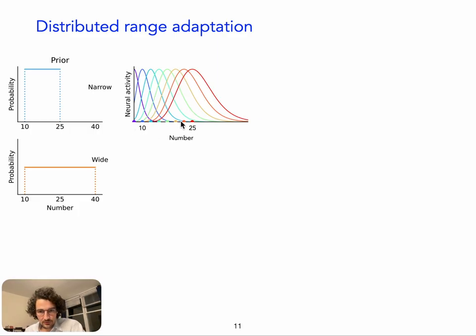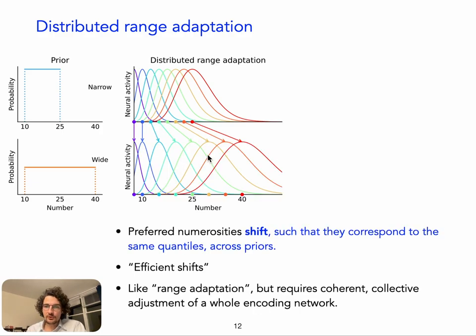And so here their preferred stimuli cover the range of the narrow prior. And the hypothesis of distributed range adaptation is that these preferred stimuli of this neural population will shift when going from the narrow prior to the wide prior, but they will shift in such a way that they will correspond to the same quantiles across priors.